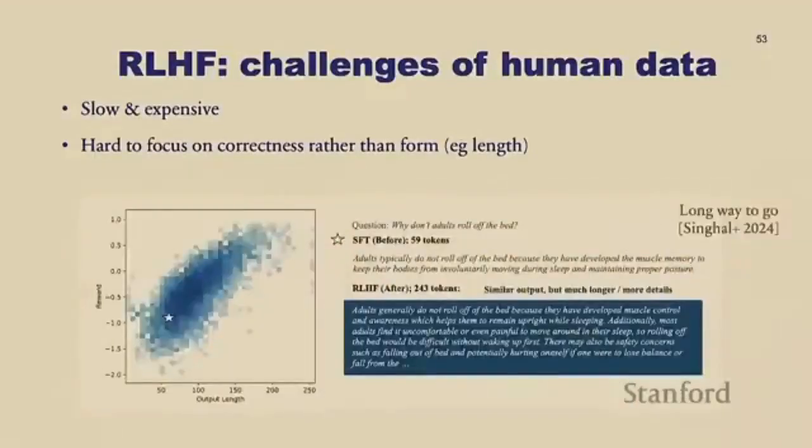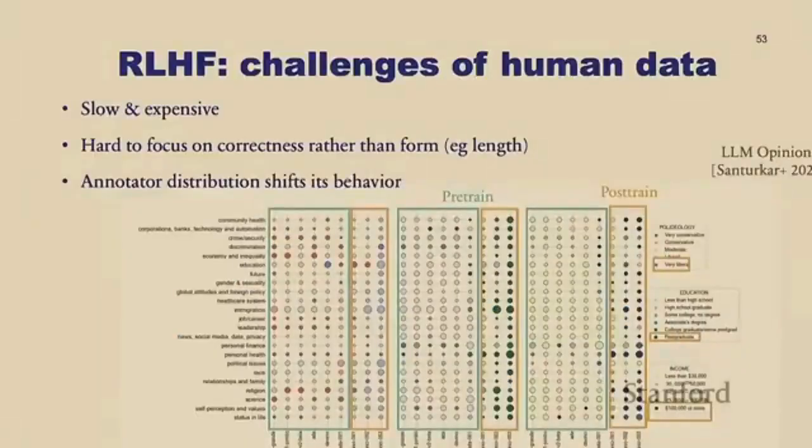What I show here is that when you do RLHF, the more you do of RLHF, the longer the output of the models become. So if you've ever been annoyed at ChatGPT answering you with super long sentences, this is because of RLHF. Annotator distribution shift: the distribution of annotators that you use matters a lot. You have to think about what humans we even want to represent in these models.